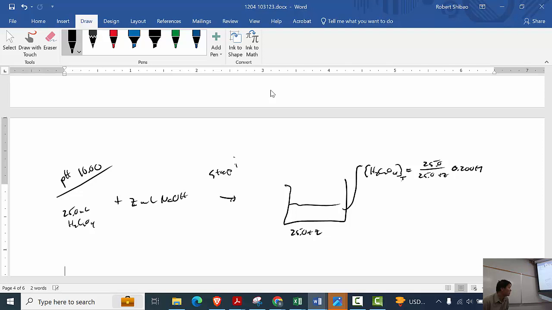So this is the initial reaction concentration, not the original concentration. And then the sodium hydroxide, we do the same thing here going forward. It's going to be Z over 25.0 plus Z dilution of 0.100 molar. And so this will be my initial concentration of the reaction mixture for sodium hydroxide.